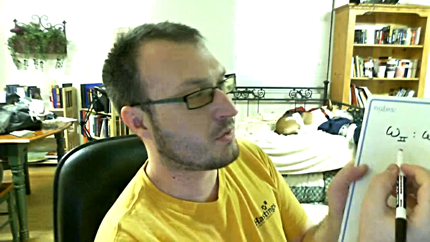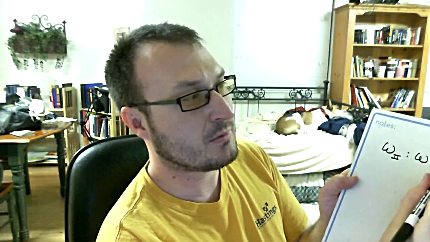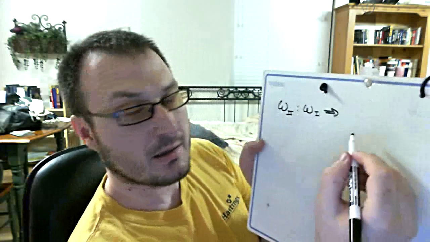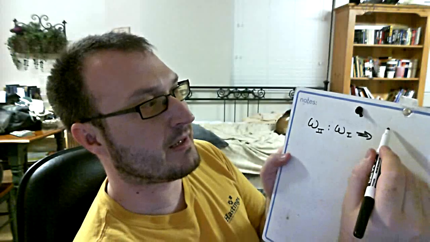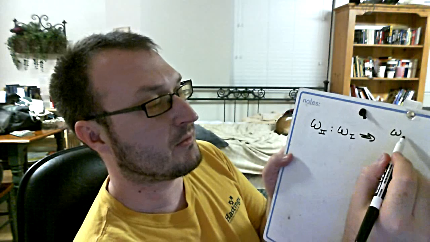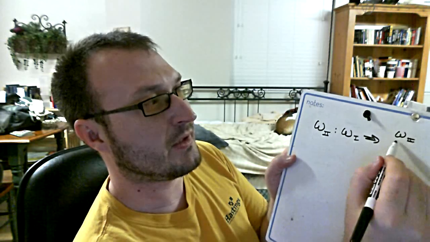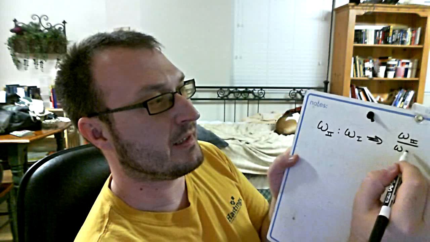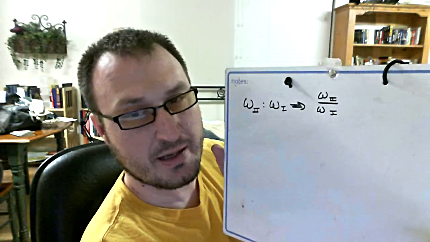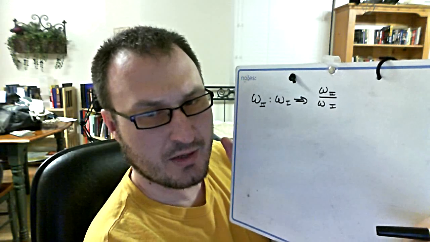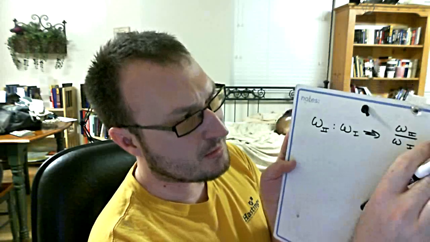And so what that implies is if I can find the frequency of the second configuration and divide it by the frequency of the first configuration, that's when I would get one of those fractions popping out. So these are what I'm looking for.